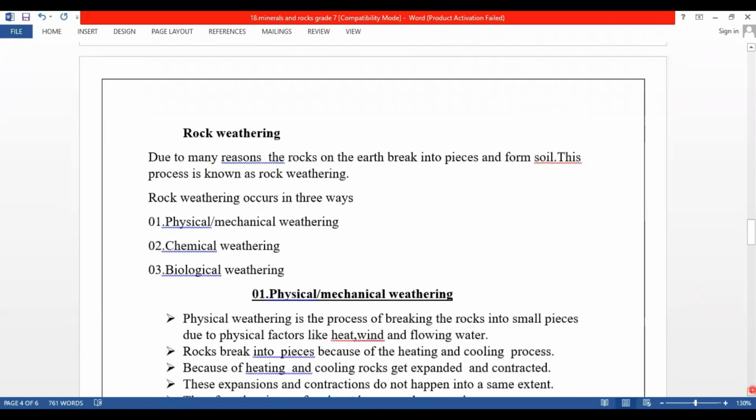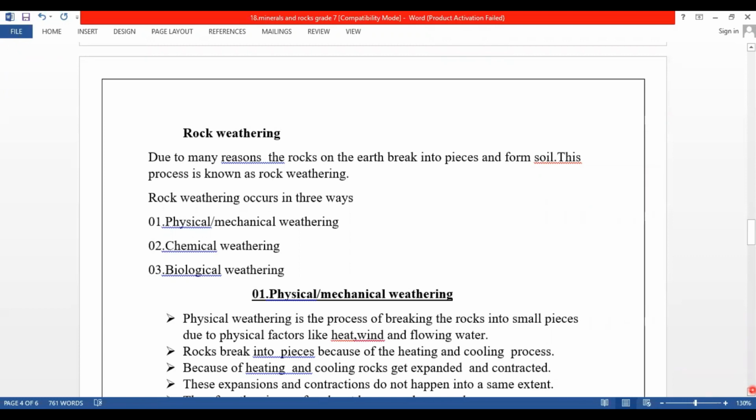Next topic of the Tute is rock weathering. In the previous part, in the sedimentary rocks part also, I told about rock weathering. I said that rocks, normally the igneous rocks, undergo this rock weathering and form small pieces of rocks.